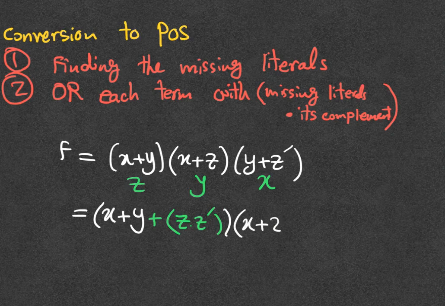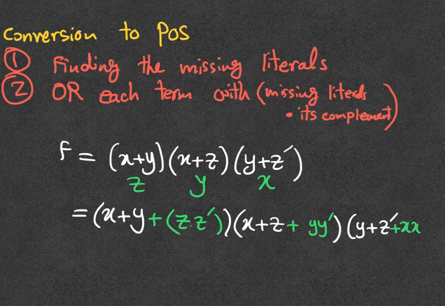Then X plus Z, and you get Y prime. And the last one is Y plus Z prime, multiplied by X prime.